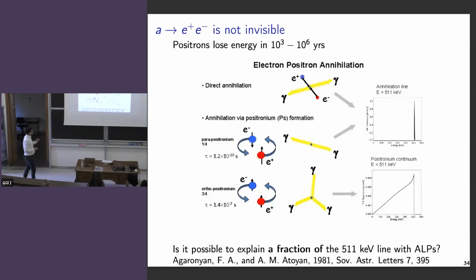About 25% of them annihilate after the formation of parapositronium, producing two photons with energy equal to 511 keV, so to the electron mass. In this way, they could contribute to what is called the 511 keV line.